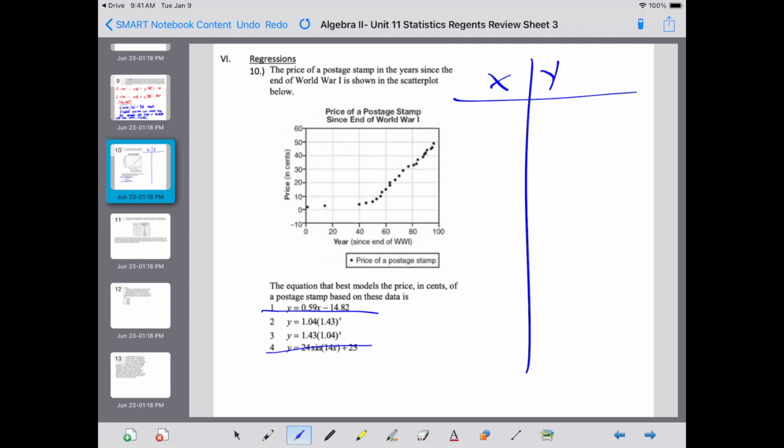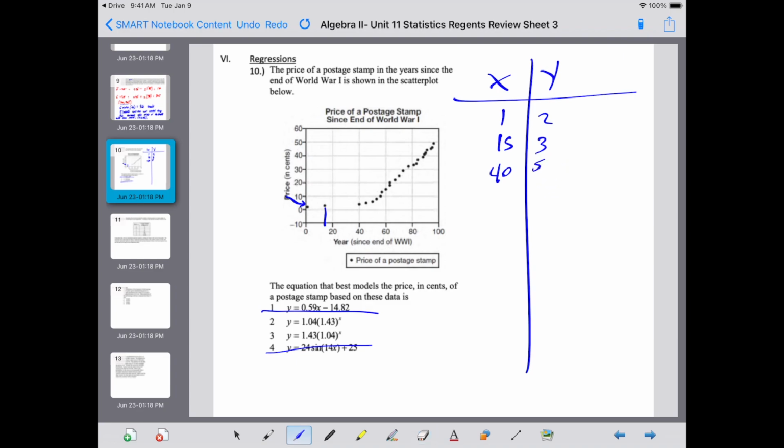It's not going to be perfect because it's an estimate, but let's say I'm looking at this point here: 1, 2, 15, 3, 40, 4, or we could say 5 because it's kind of in the middle there.